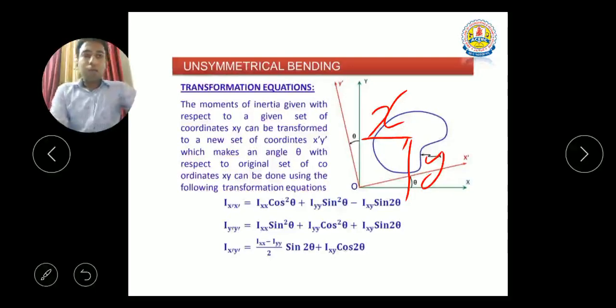But this is not a principal axis, so xy can be transformed to a new set of coordinates, which we can name x dash and y dash, making an angle theta with respect to the original set.